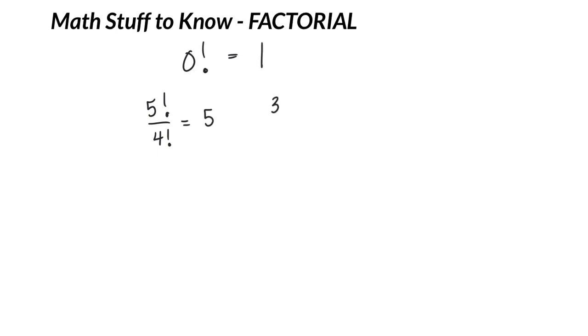If I did 3 factorial divided by 2 factorial, that's just 3. So if I do 1 factorial divided by 0 factorial, I have to get 1. And that ensures that 0 factorial has to be equal to 1 by algebraic manipulation.